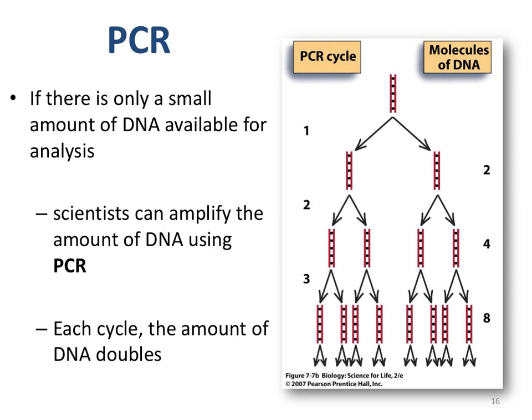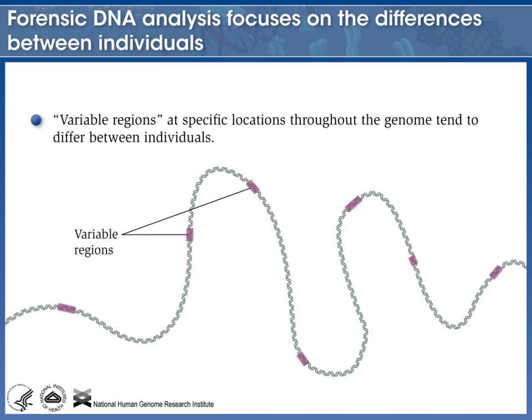here's a PCR cycle, as we mentioned. We're amplifying it. We're making millions and millions of copies. And there's these variable regions of the DNA. Now, most of the DNA, for most people, is exactly the same.